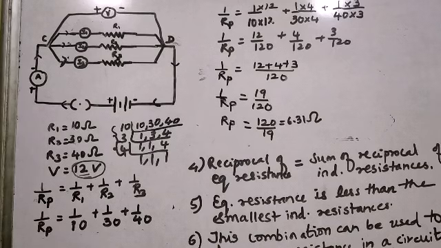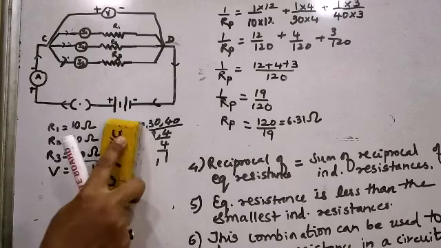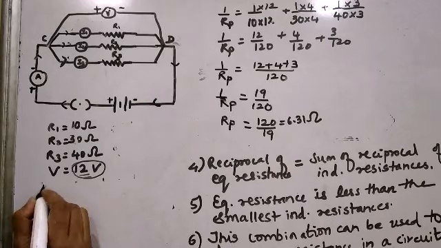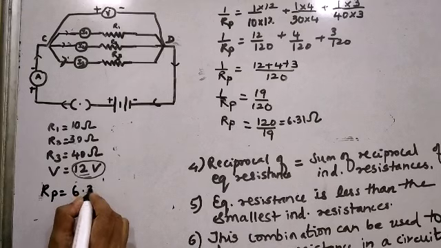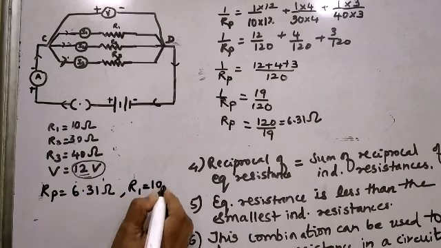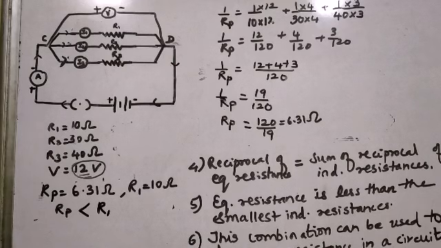Now you compare this equivalent resistance with any of the individual resistances. Here you can see that Rp, the equivalent resistance, is 6.31 ohms. What is R1 equal to? R1 is equal to 10 ohms. That means the equivalent resistance is less than the individual resistance. Correct?